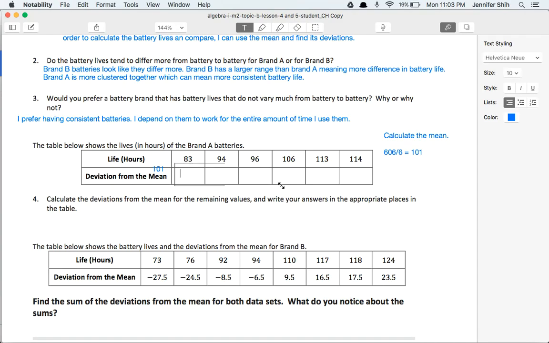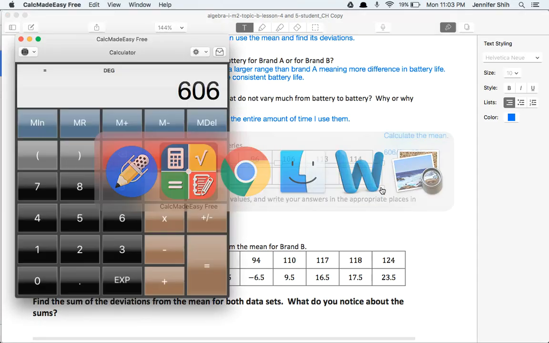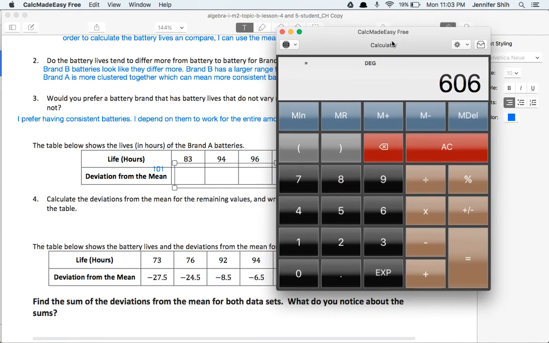Let's find the deviation. The deviation is going to be our actual number, like in this case 83, and then we're going to subtract 101.